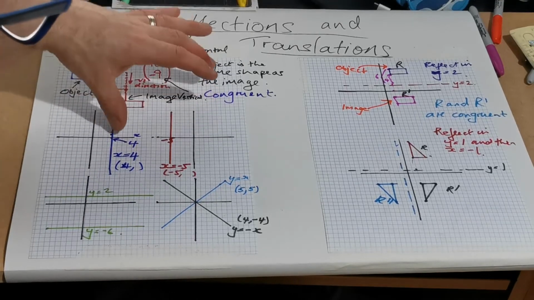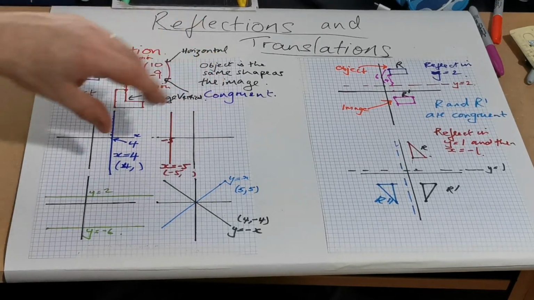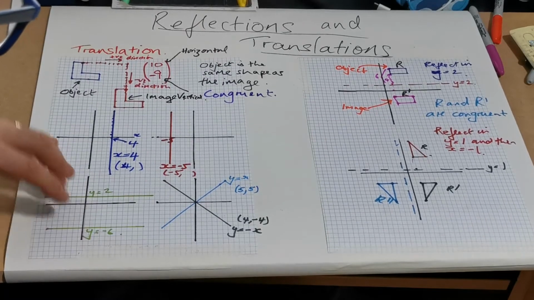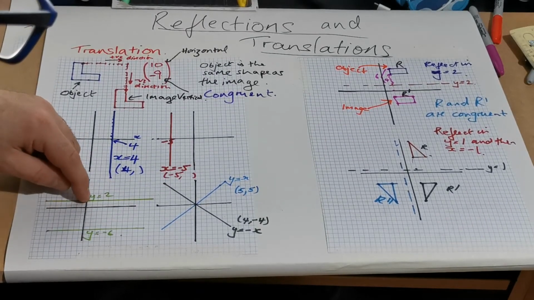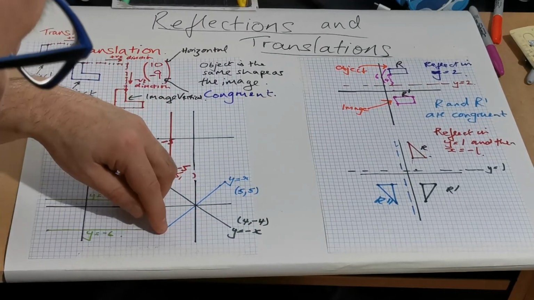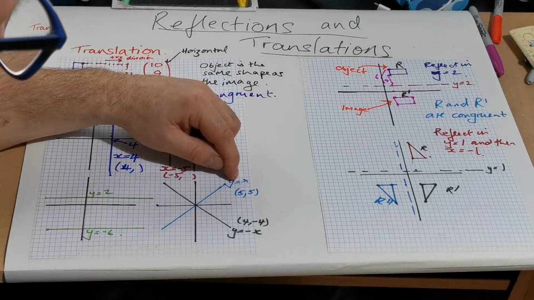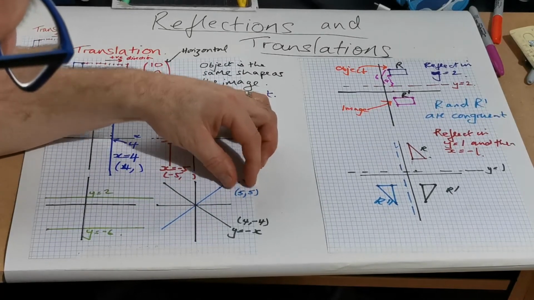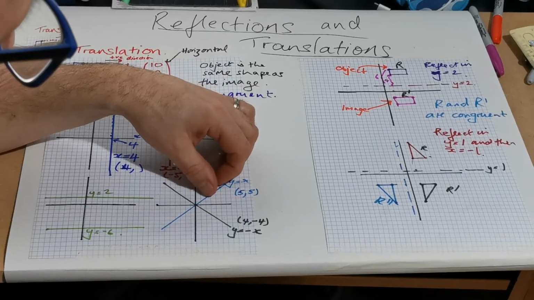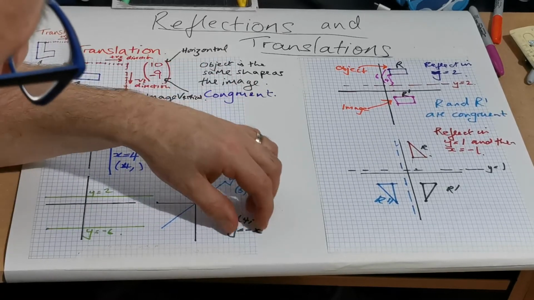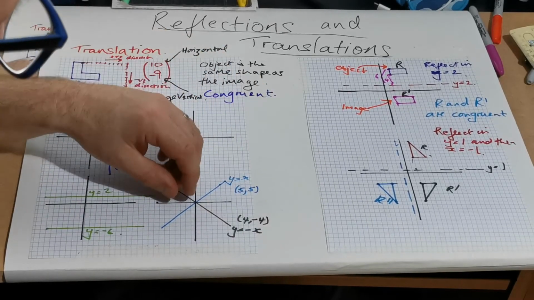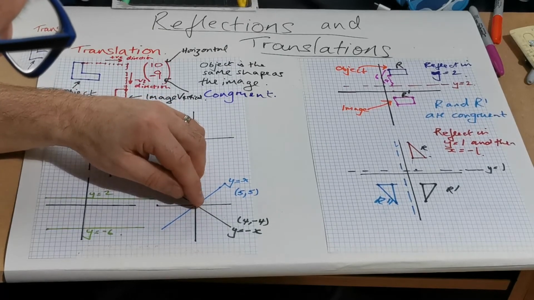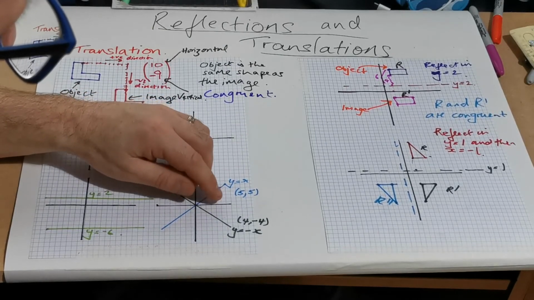So x equals 4 crosses the x-axis at 4, and similarly y equals 2 crosses the y-axis at 2. Some interesting ones here: y equals x, that have the same numbers on every point, 5, 5, 4, 4, 3, 3, 2, 2, 1, 1, and y equals -x goes in exactly the opposite direction, 1, -1, 2, -2, 3, -3, etc.